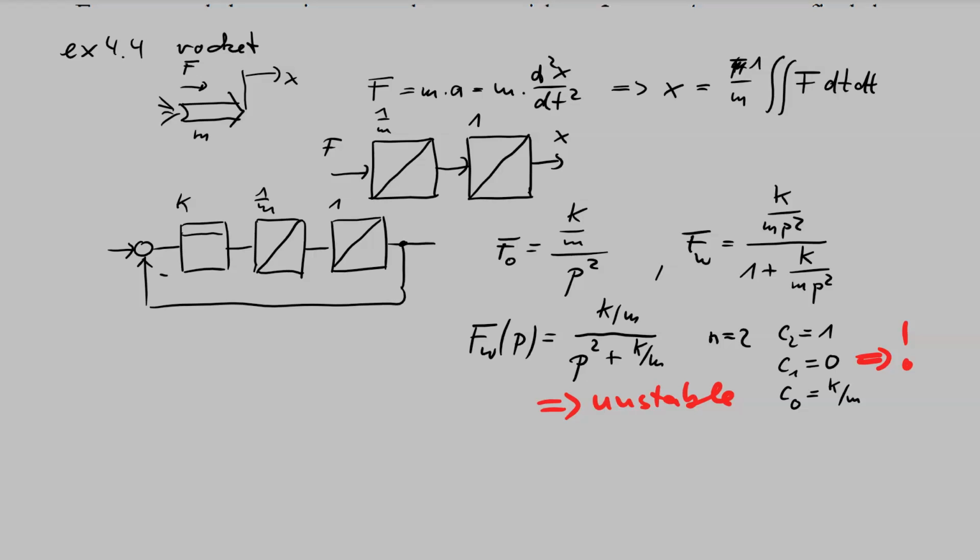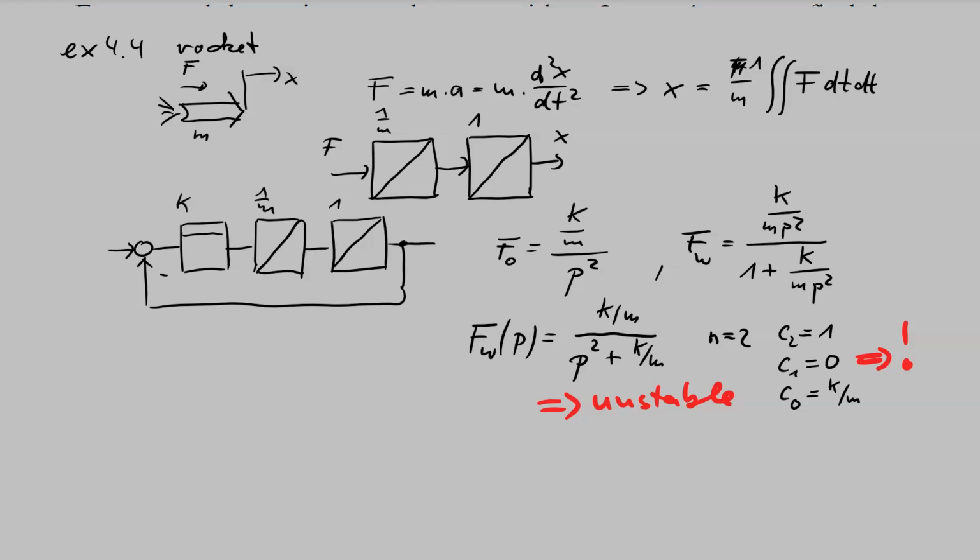So without any calculation of poles and determinants and what else, you see the transfer function here has no C1, and then at once you can say, okay, with a P controller, a flying object cannot be controlled. In other words, you need better dynamical controllers like a PD or a PID, then this can be done, of course. But a simple P is not possible.